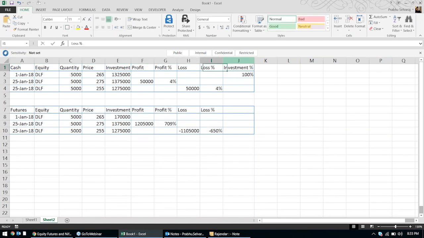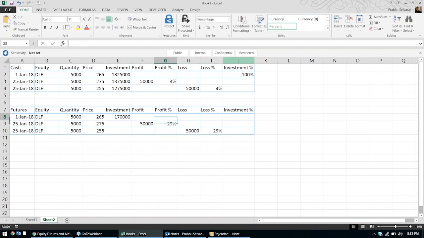Now, if I go to futures, I'm investing only 1,70,000 into the market. If the stock price goes up by 10 rupees, I get 50,000 profit. If the stock price goes down by 10 rupees, I make a loss of 50,000.